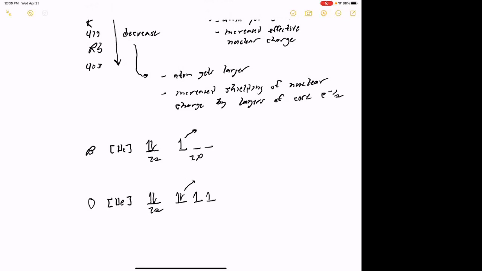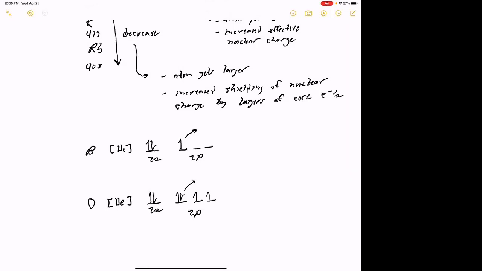What did I have to do? Well, I had to spin pair it, which meant that now what I have to do is force it to sit in an orbital with another electron, right? So what do electrons want to do when we put them in the same space? They tend to repel each other, right? So there's always going to be a little bit of repulsive energy associated with sticking a new electron into an orbital that already has an electron in it. So it's going to be a little bit nicer if I can take that back out.